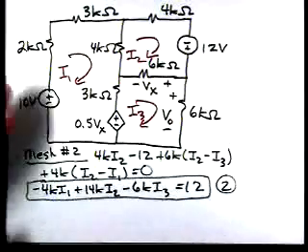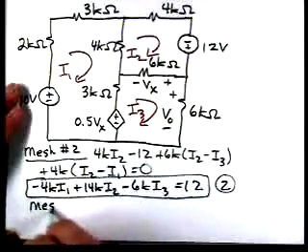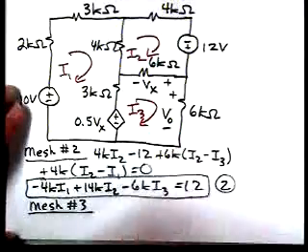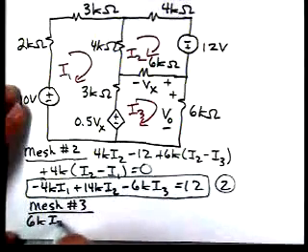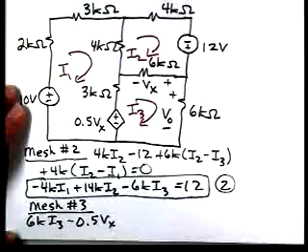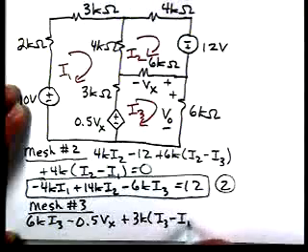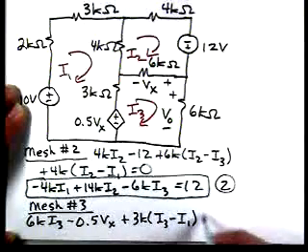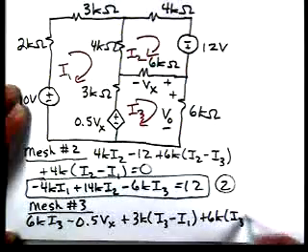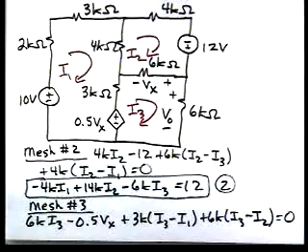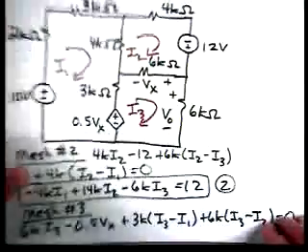Now for mesh 3, we start off, we have 6K I3. We come around, we have minus 0.5 Vx plus 3K times (I3 minus I1) plus 6K times (I3 minus I2) equal to 0. So now let's work on that equation some.